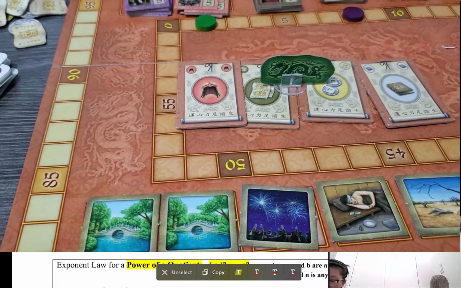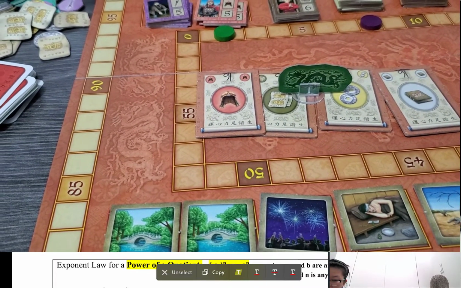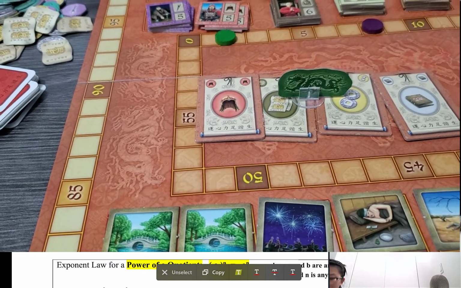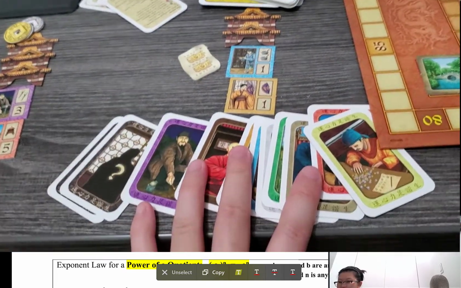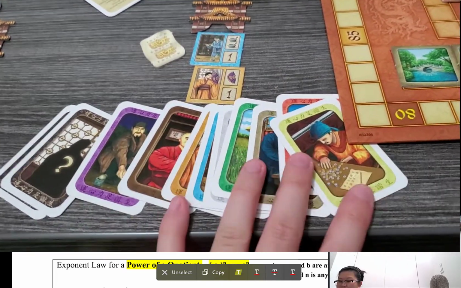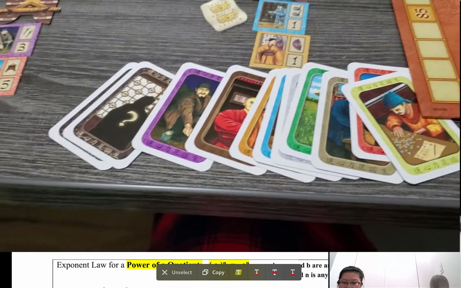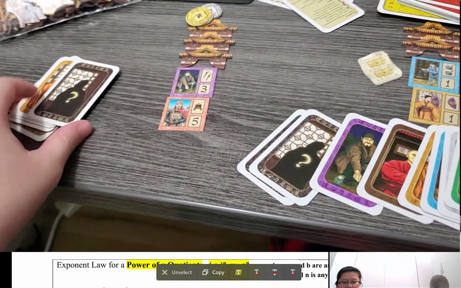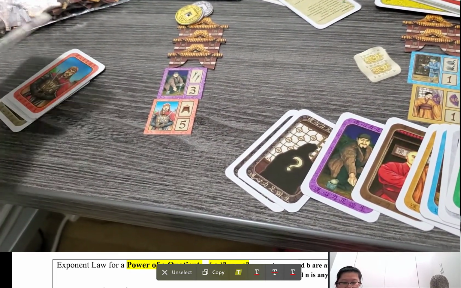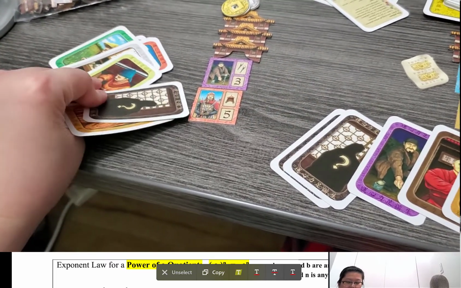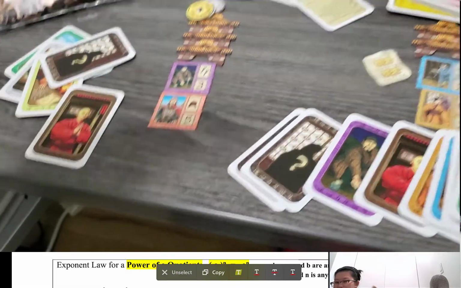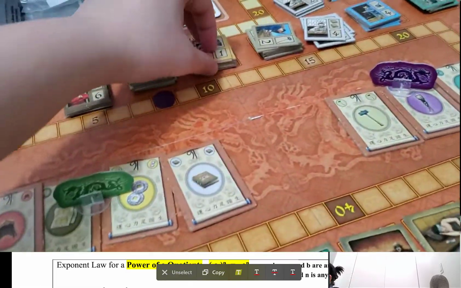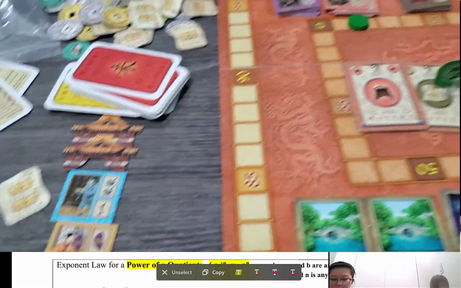Then after that, if that changed the track a little bit, or if it hasn't, the next step is that the players pick people. So purple is still first on the track. Purple, from his hand of cards, chooses which person he likes to hire. Let's say he picks a court lady or something. So he discards that, grabs a court lady, and puts it into his palace.